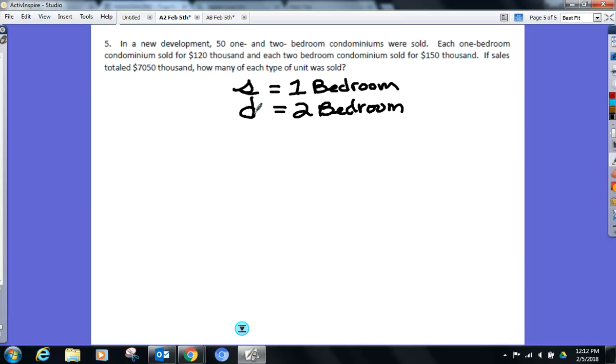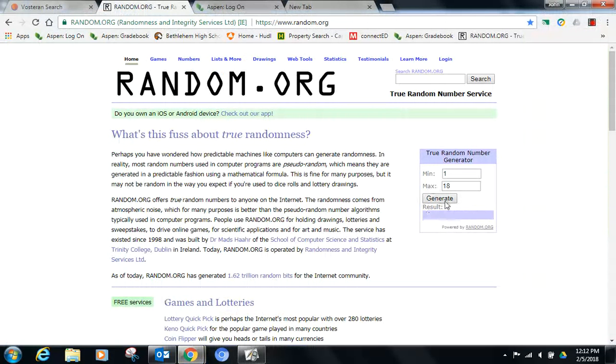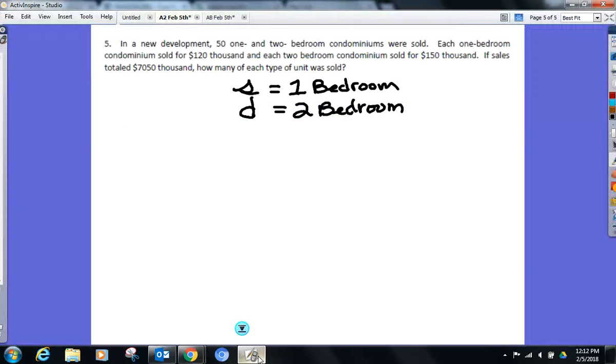All right, give me an equation now. Give me an equation you want to set up. Okay, now here's why we put the thousands everywhere. You don't have to write the extra zeros. You can just write 120 S. You don't have to write 120 followed by 3 zeros.